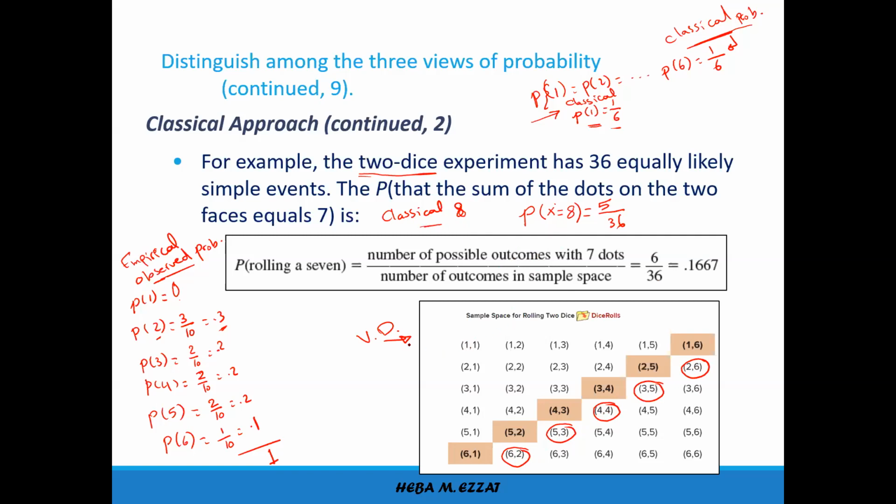Because it's drawn upon the assumption of what would happen if we roll the 2 dice. It's not based on a real observation like this, not based on really rolling the 2 dice and watching what the outcome would be. All of you are following?